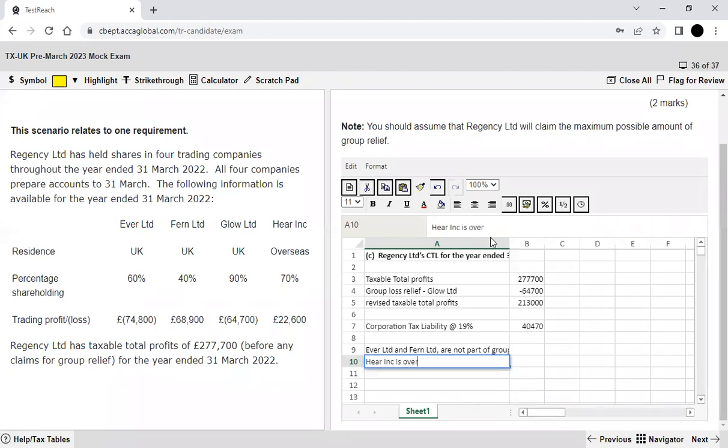Here INC is overseas, hence not part of the group losses group.